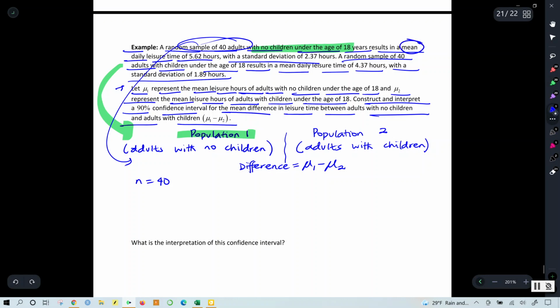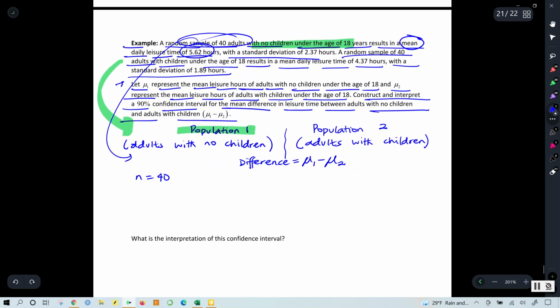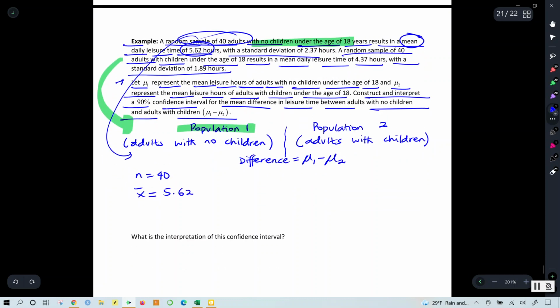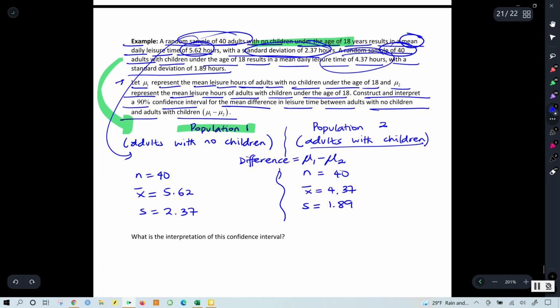From that sample, we gathered a sample mean of 5.62 and a sample standard deviation of 2.37 hours, versus n equals another 40 for adults with children under age 18, sample mean of 4.37 and sample standard deviation of 1.89. And we want to use this to get a 90% confidence interval for the difference, which is mu1 minus mu2.